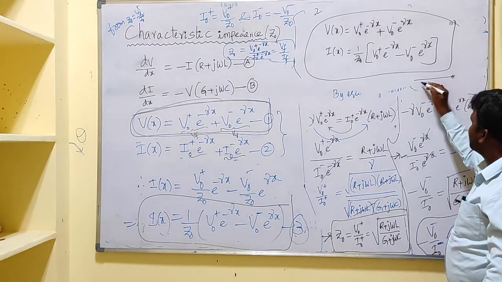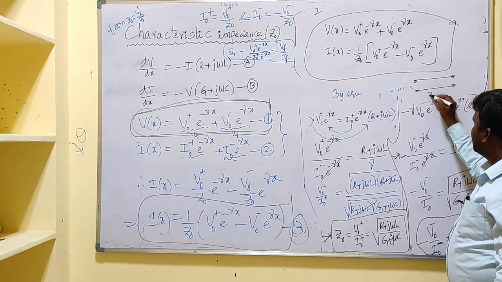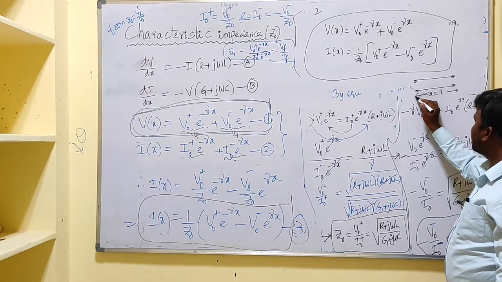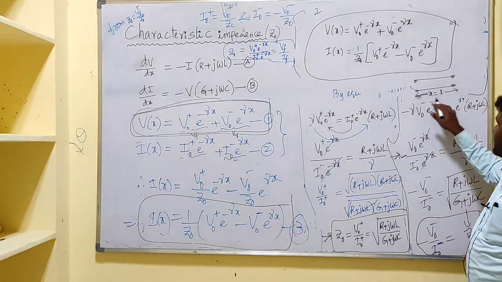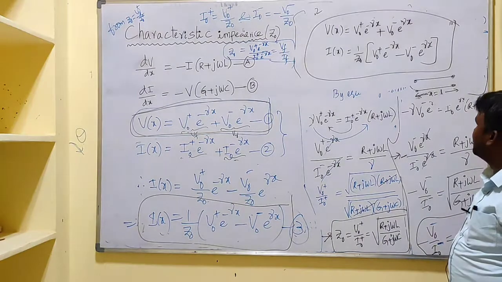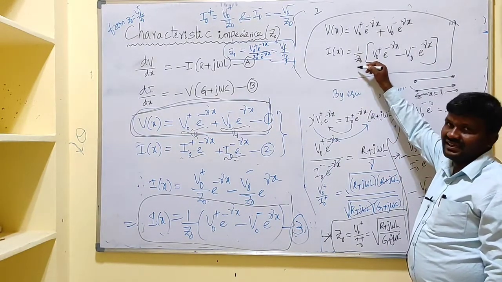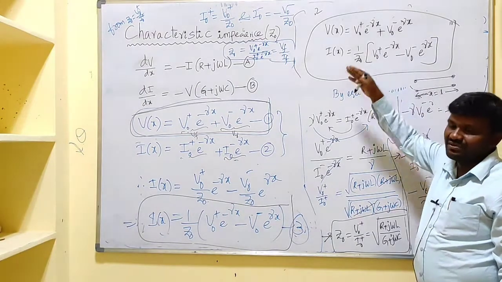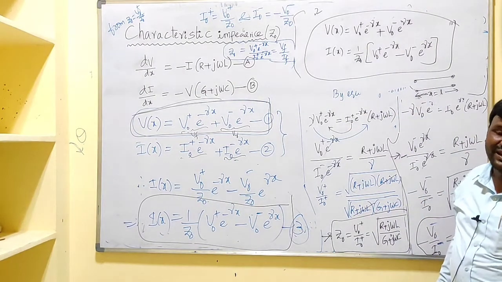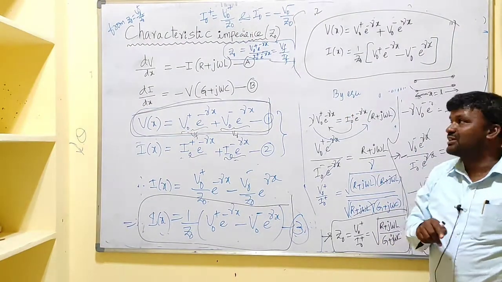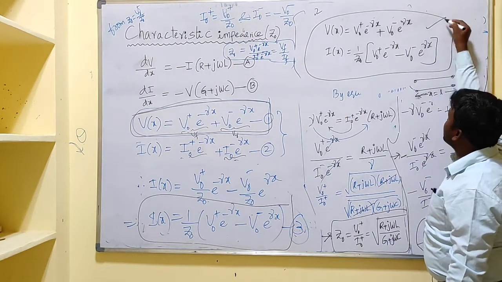So this is our transmission line, x equal to L, where the length of the line is varied as a function of x. With the help of these two equations, we can derive the input impedance of the transmission line. In the next class, we will discuss the input impedance of the transmission line by using these voltage and current equations.